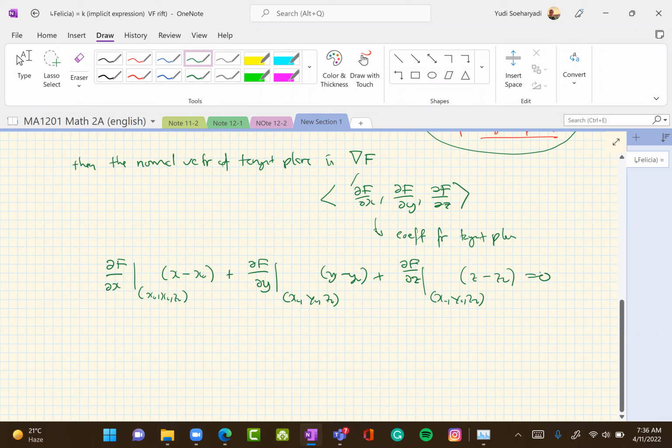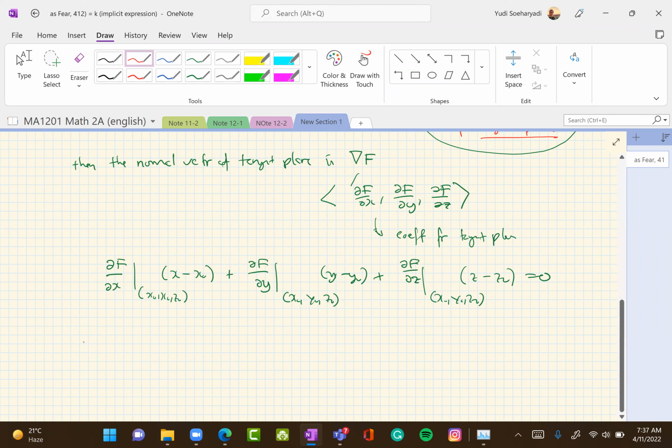Recall that the equation for a plane is ax plus by plus cz, where a, b, c is the normal to that plane.